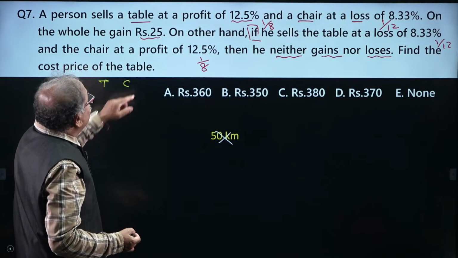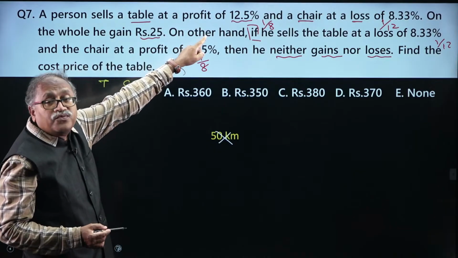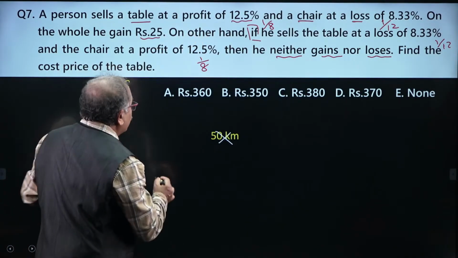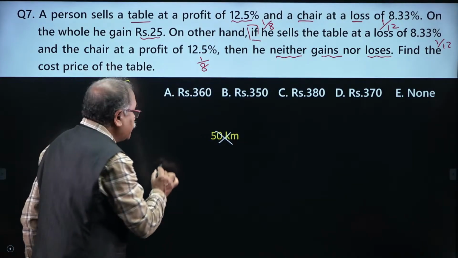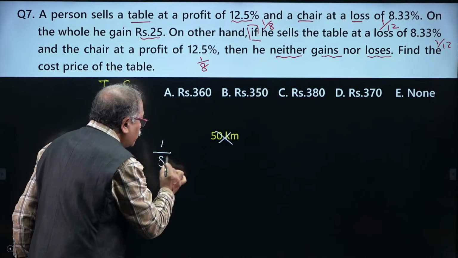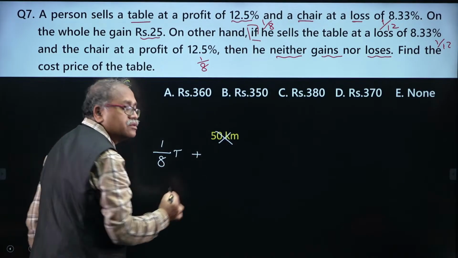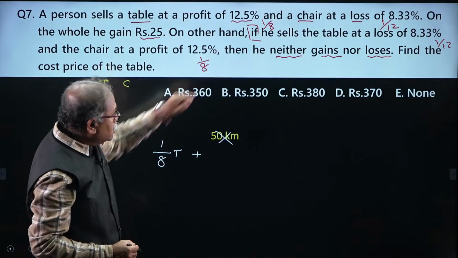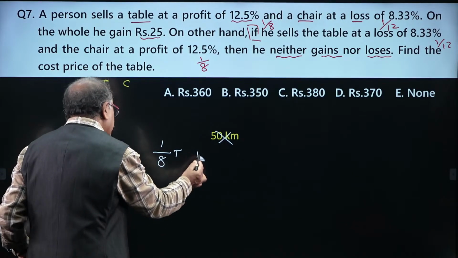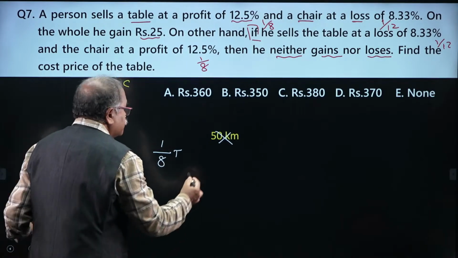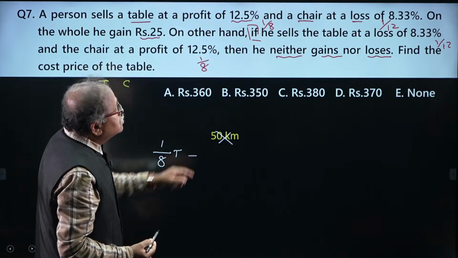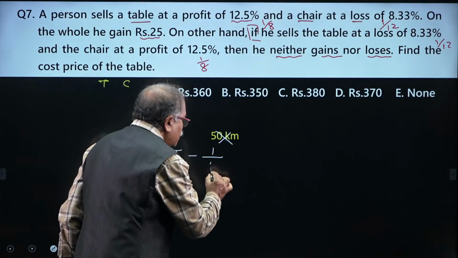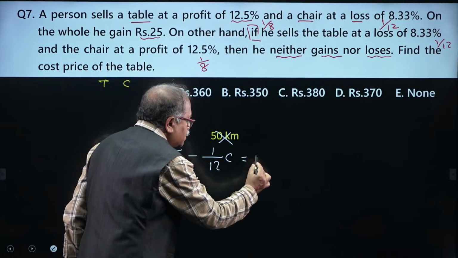Here the table at a profit of 12.5%. So, 12.5% is 1 by 8. So, 1 by 8 of T, plus the total profit given to us is 25. There is a loss there, so not plus, here it is minus, because there is a loss, minus 1/12 of chair, which is equal to 25.